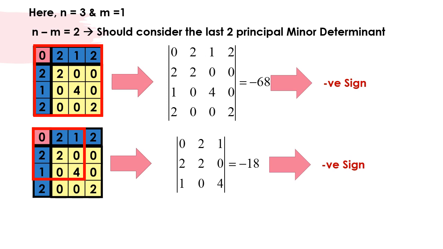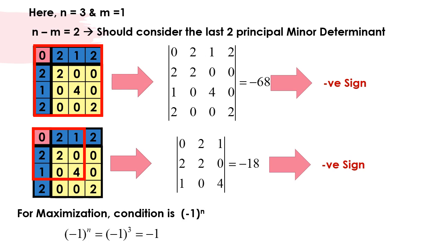So now let us check whether it's a maximization or a minimization problem. For a maximization problem, my condition is minus 1 power n. So minus 1 power 3 is equal to minus 1. So this is also a negative sign here.